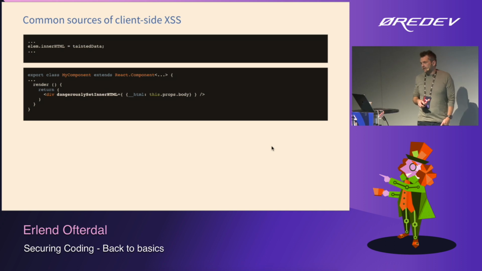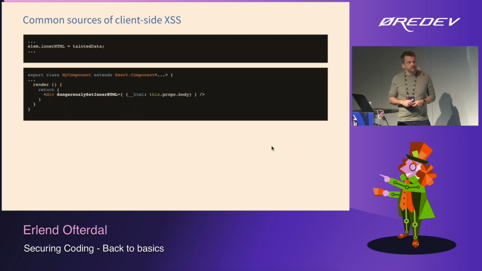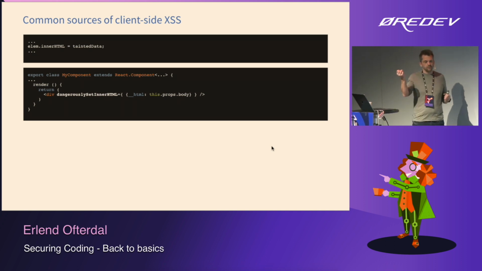So classic DOM-based cross-site scripting means we're taking some tainted data, meaning some data that the user controls, and we're somehow adding it directly into the HTML. Either we're using something like an assignment to inner HTML, or if we have built a component that somehow deep in some hierarchy is using this dangerously set inner HTML thing in React, but it's not visible from the outside.